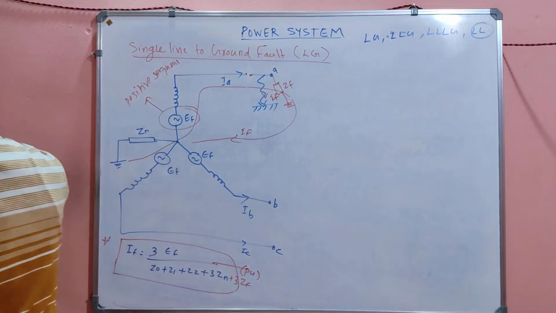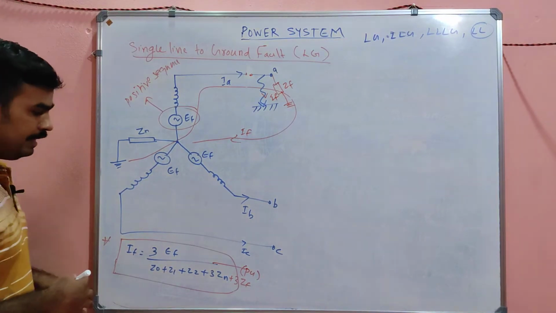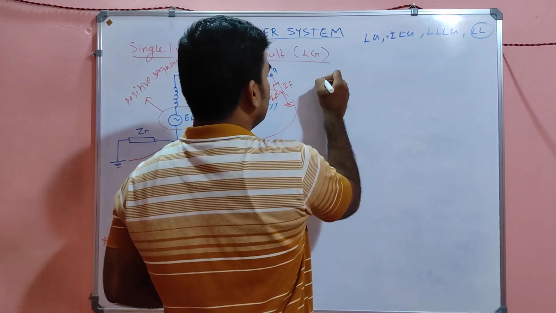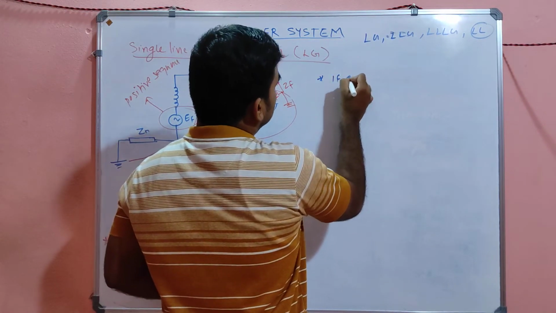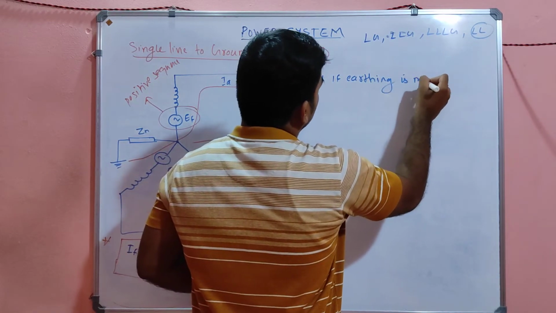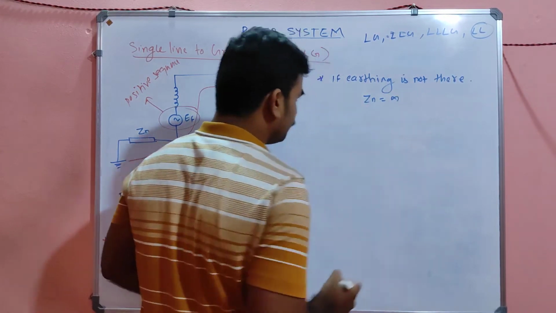And one more thing. I will show you the beauty. If earthing is not there, my dear, Zn will be infinity.